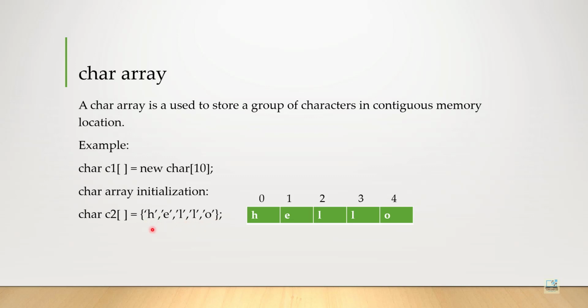I am initializing hello to the array C2, and each box will contain one character. C2[0], the first box, will contain the character H, C2[1] will contain E, then L, then again L and O. Whenever we initialize a character array, each value is stored in one box, all separated by commas and within single quotes.